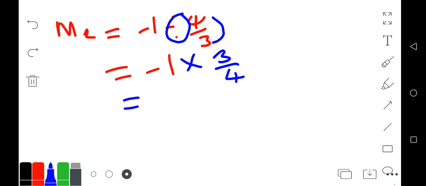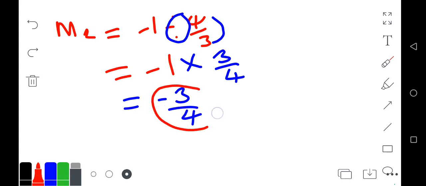And at the end of the day, you just have negative 3 over 4. So this is the gradient of the second line.